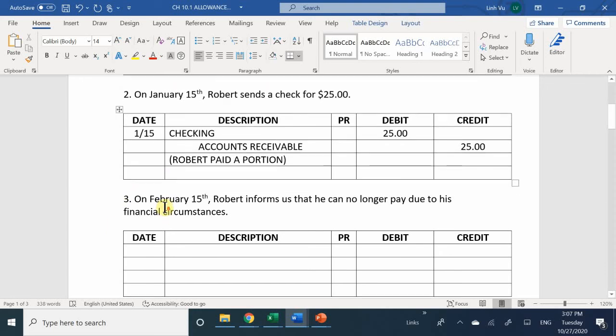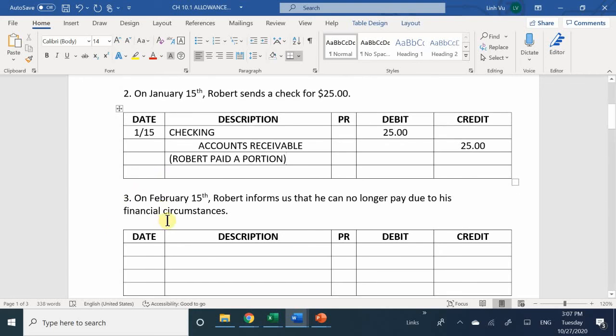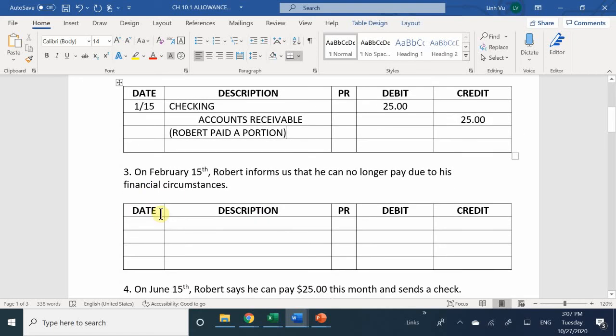So question number 3 says, on February 15, Robert informs that he can no longer pay due to his financial circumstances. So what are you going to do here? I'm going to use that allowance for doubtful accounts.